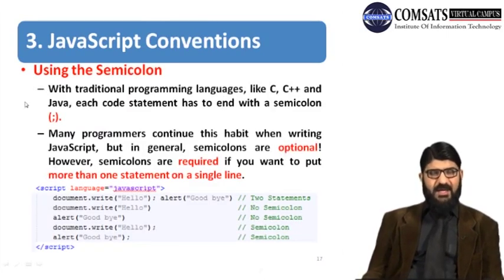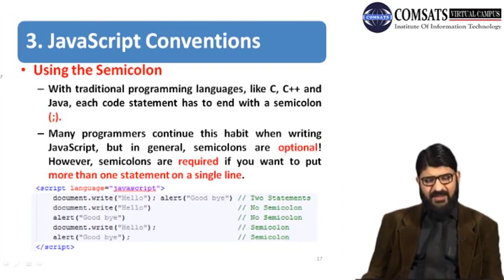Now let's see, there are some conventions on how to use JavaScript. So the first convention, the norm, is using the semicolon. In traditional programming languages like C, C++ or Java, we see that every code statement has to be ended with a semicolon. It means it is necessary to end a line with a semicolon.